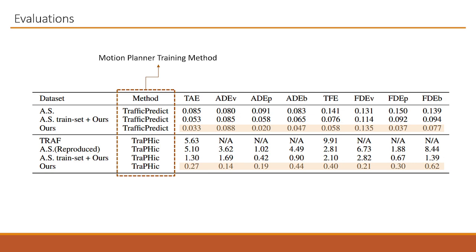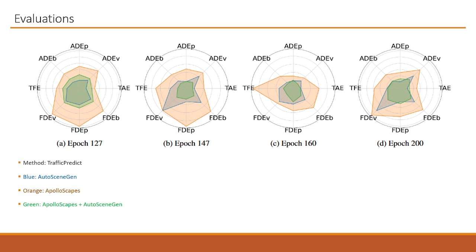As shown in the result, the dataset generated using AutoSynGen consistently outperformed the others. The next graph visualizes the result using the traffic predict method, displaying epoch progression and corresponding performance scores. As mentioned earlier, lower scores indicate better performance, so smaller circles represent superior results.